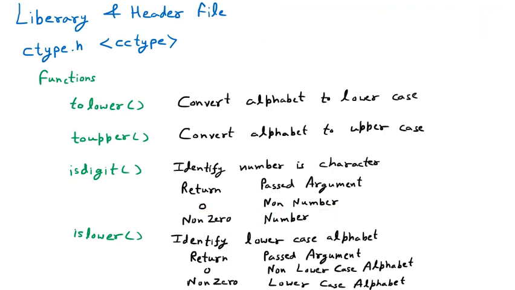Now I'm taking the example of islower. Let us suppose that we are having a character, char k, and we are passing small w. Now we are saying printf in brackets, %c for the character value, and then we are passing islower and the variable.